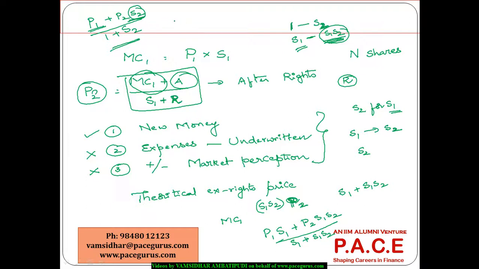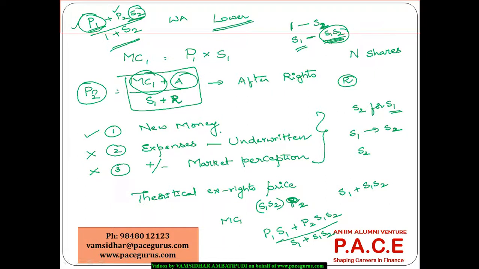And we could very clearly see that it is the weighted average of the initial price before the rights issue and the price at which the new shares are being offered in the rights issue. And because the new shares are offered at a discount, the ex-rights share price will always be lesser than the original price.